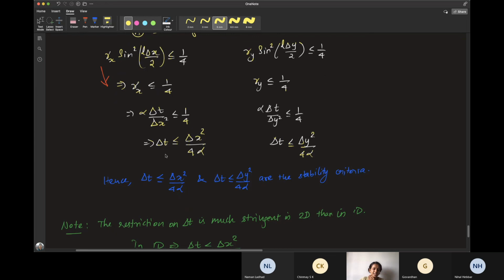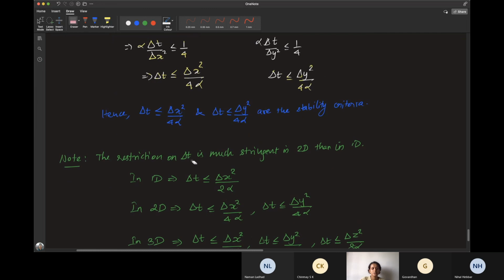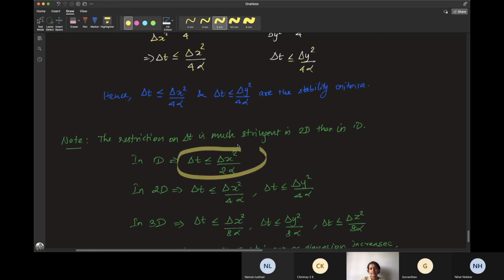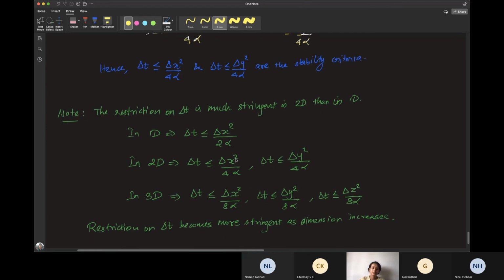So previously we had the restriction for 1D. This was the condition we had for 1D, delta t less than or equal to delta x squared by 2 alpha. For 2D it's by 4 alpha, and for 3D it will be by 8 alpha. So the time step is getting more and more stringent when you increase the dimensions.